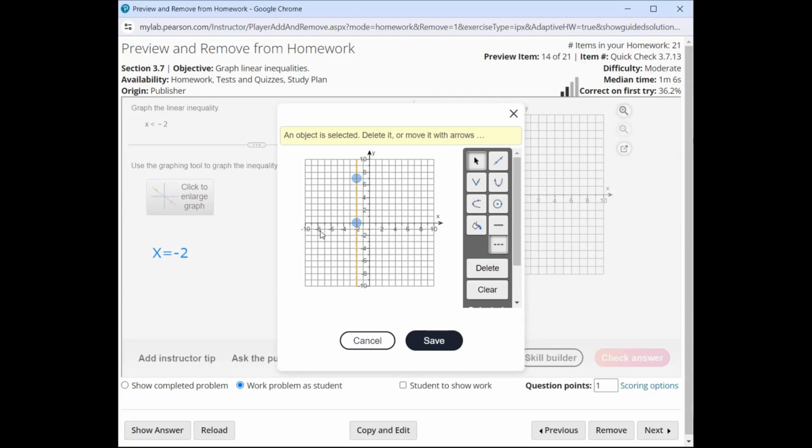This corresponds to all the points to the left of negative 2, right? Therefore, we shade this area. So the solution to the inequality x is less than negative 2 is all the points to the left of the x is equal to negative 2 line.